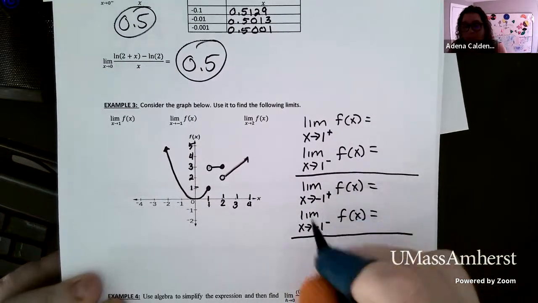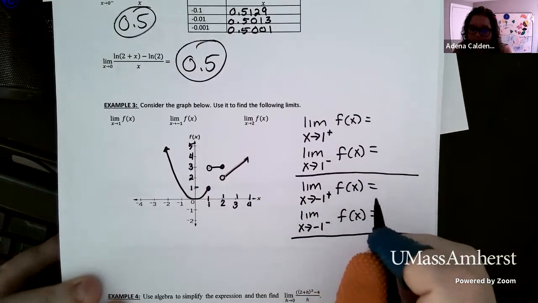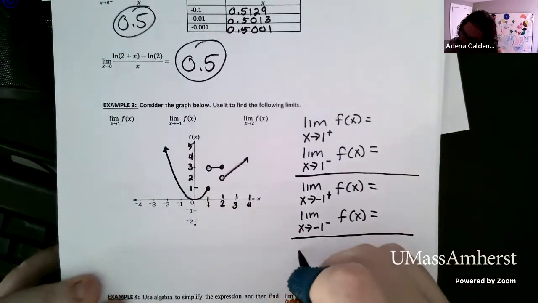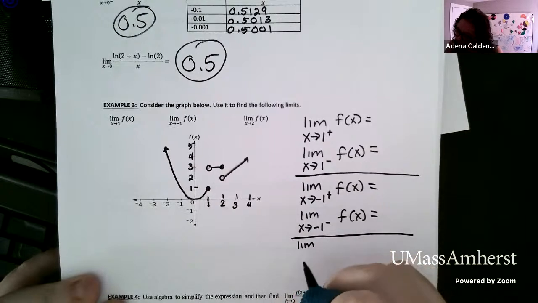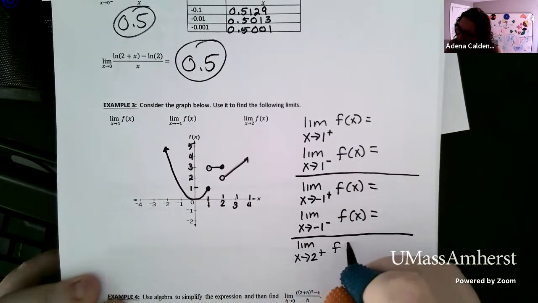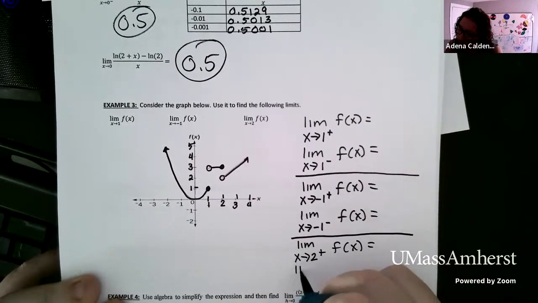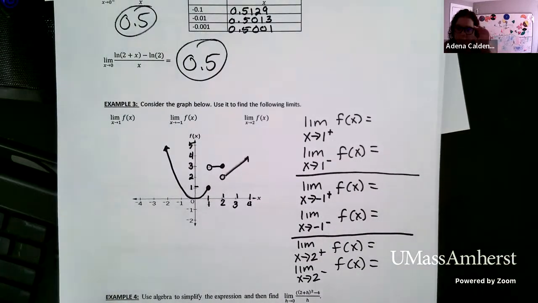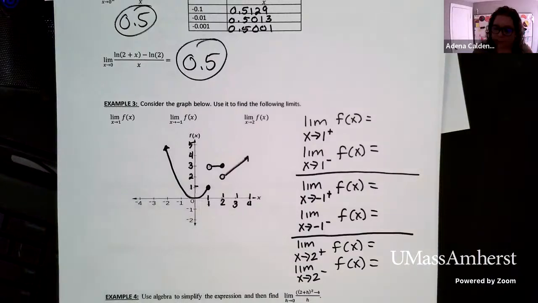And then when we consider what's happening at -1, if the left and the right are the same, then this one exists. If they are not, it does not exist. And then the limit as x approaches 2 from the right, and the limit as x approaches 2 from the left. And then again, we'll use that to make a final determination for this one here.